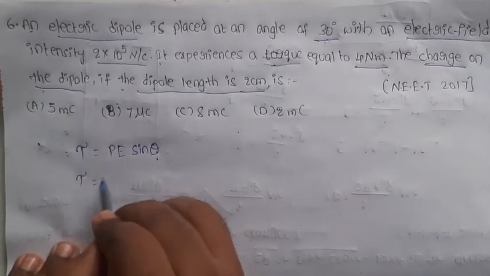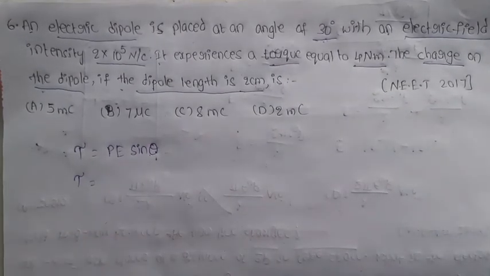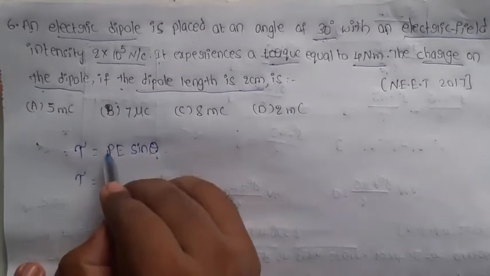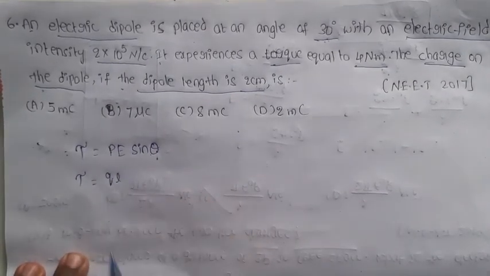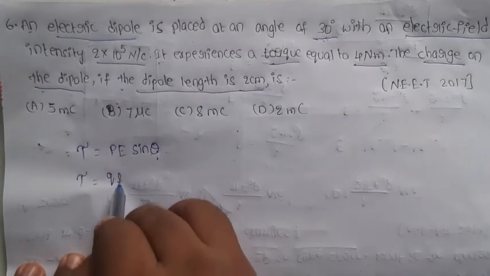So tau equals p E sin theta, where p is the electric dipole moment, which can be written as p equals q into l, the charge times the length of the dipole.